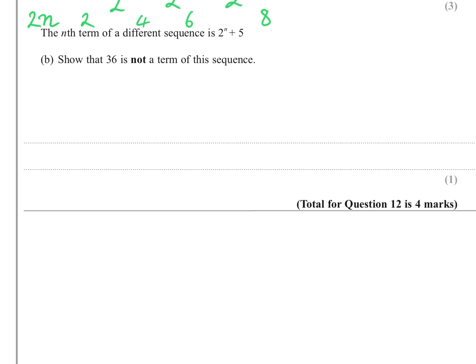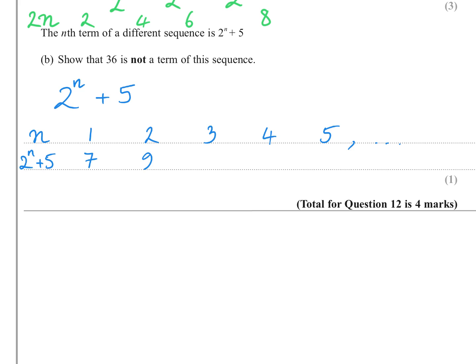It says the nth term of a different sequence is 2 to the power n plus 5. Now, if we have first term, second, third, fourth, and fifth, and so on, then if we wanted to look at 2 to the power n plus 5, well, when it's 1, and you can use a calculator here if it starts getting difficult, 2 to the 1 is 2, plus 5 gives 7. 2 to the power 2, which is when n is 2, is 4, plus 5 is 9.